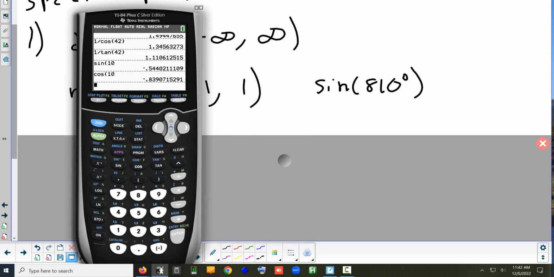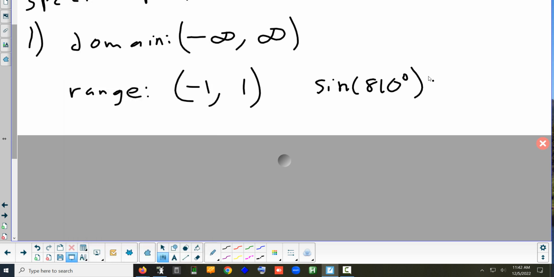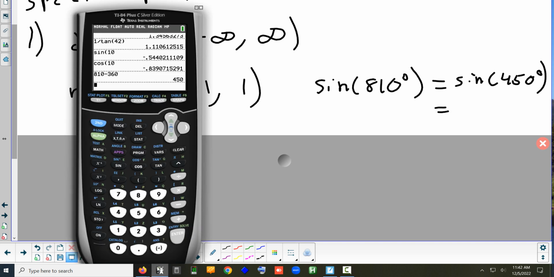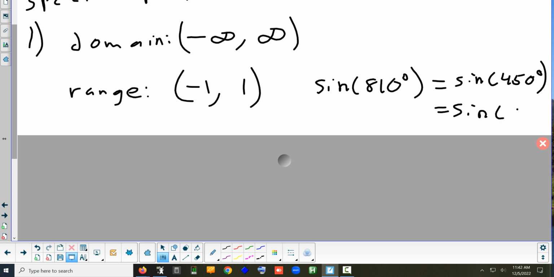So if we take 810 and we subtract 360, we get 450. Well, to me, that's still kind of a big number to think about. So what could I do? Subtract again. It's just 90. So that's the sine of 90 degrees. And now we could find the coordinate and do whatever we want.